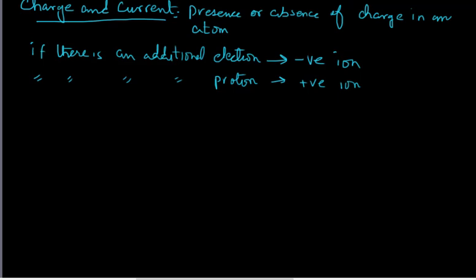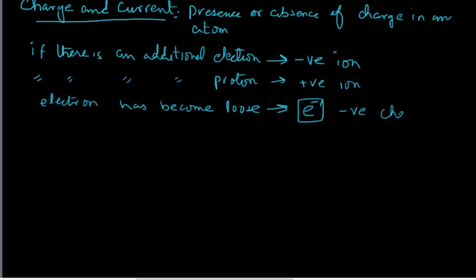But there is a third possibility: the electron has become loose. It has just got out of the atom and it's now alone, and this is also considered a negative charge.